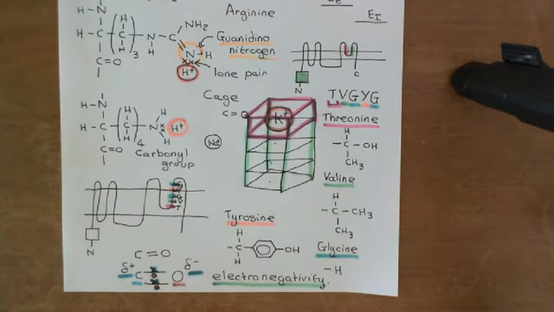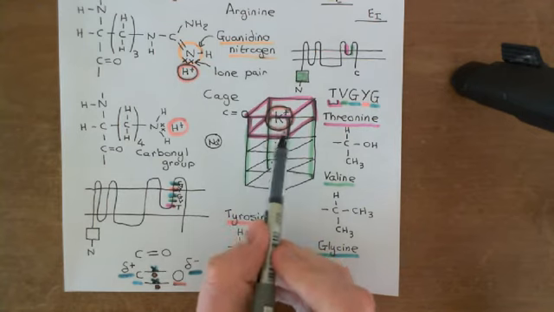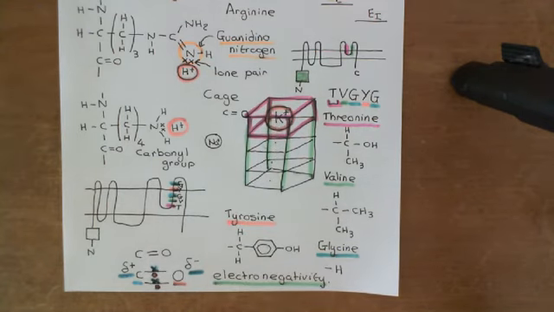Whereas for other ions, the amount of energy that you have to put in to remove the hydration shell will be greater than the amount of energy you'll get out by it interacting with these 8 corners of the binding site within this selectivity filter cage.